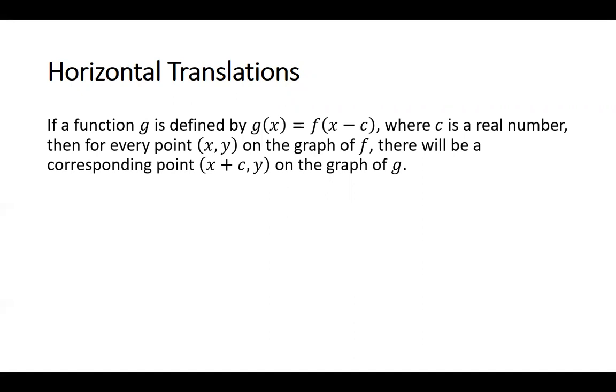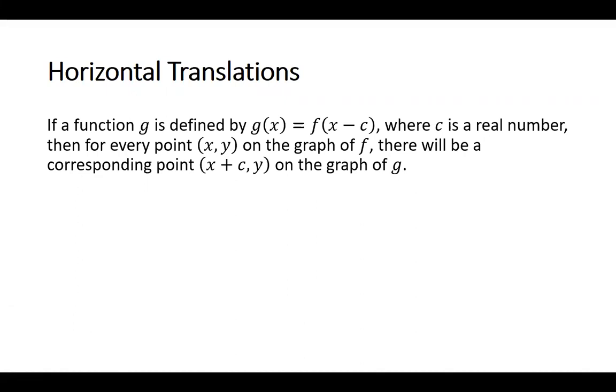So if we had f of x minus 3, for example, it would move to the right 3 because it's minus 3. If we have f of x plus 3, it would move to the left 3, which is kind of the opposite of what you would expect.